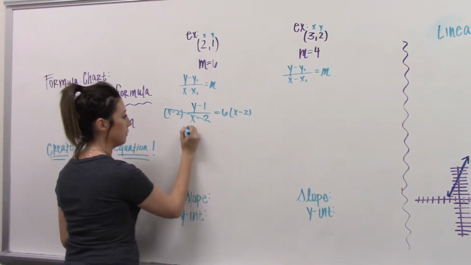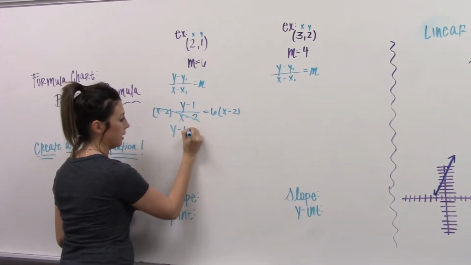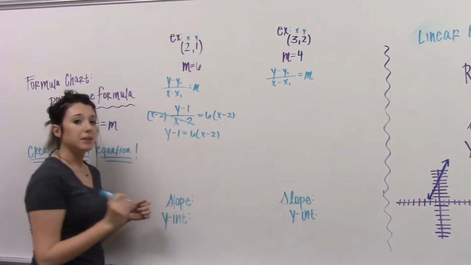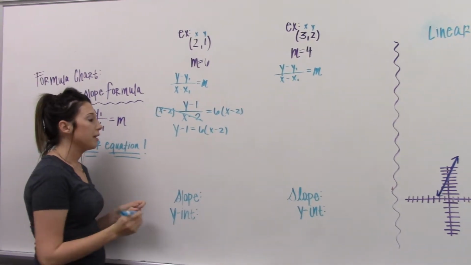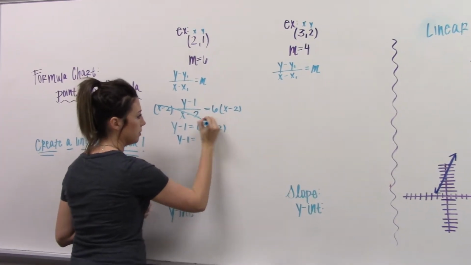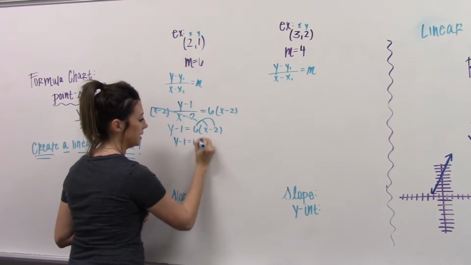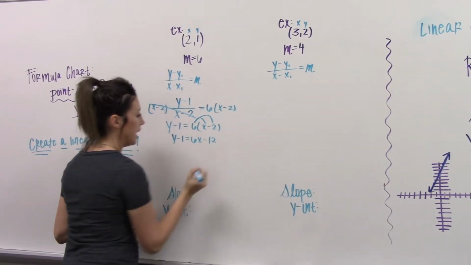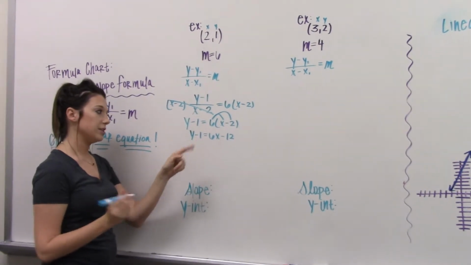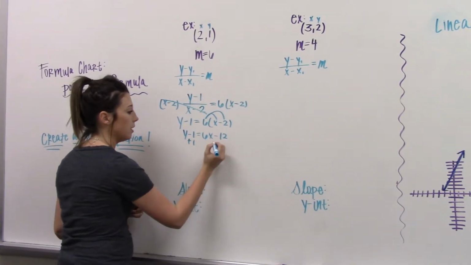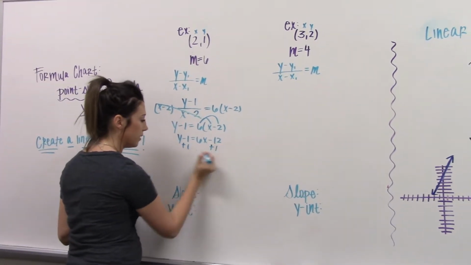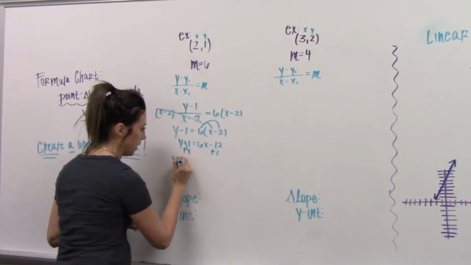And we're going to cancel, and we get y minus 1 equals 6 times x minus 2. And remember PEMDAS, we always multiply first. So we get y minus 1 equals, we're going to distribute 6x minus 12. And since y is still tagging along with that negative 1, we're going to move it to the other side. So we're going to add 1, and whatever we do on this side, we have to do on the other side, plus 1 over here, and we're going to cancel, which we get y equals 6x minus 11.